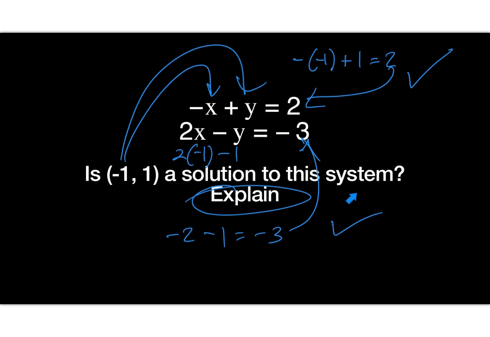So a solution to the system means since both lines have the same point, they share a point, that means those two lines intersect at that point. To be a solution to a system means that whatever values I have, they work or they are validated within each equation.